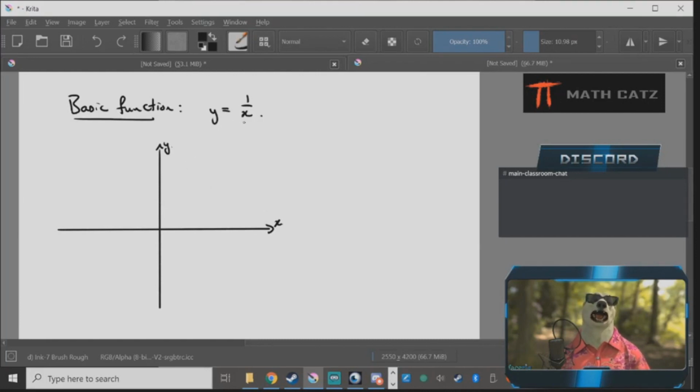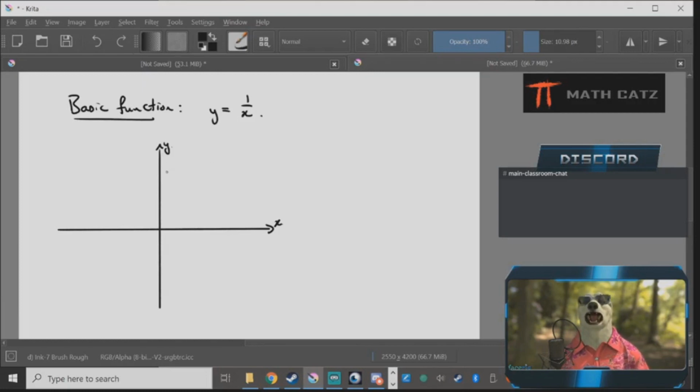When I plug in 0 for x, there is no y value that I can calculate. The function is undefined. And as I plug in x values closer and closer to 0, let's say from the positive, my y values blow up.